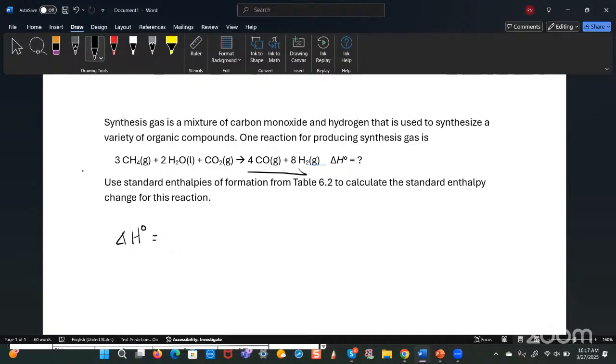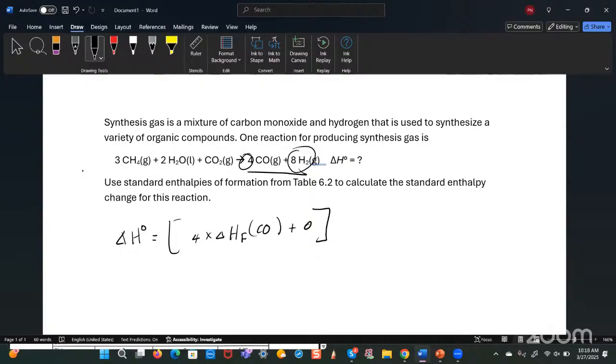I'll start off with carbon monoxide, but because there's a 4 here, I'm going to write 4 times the enthalpy of formation of carbon monoxide, plus the enthalpy of formation of hydrogen. Now, hydrogen is an element by itself, not combined with anything, so as I said before, that value is 0. That takes care of that.